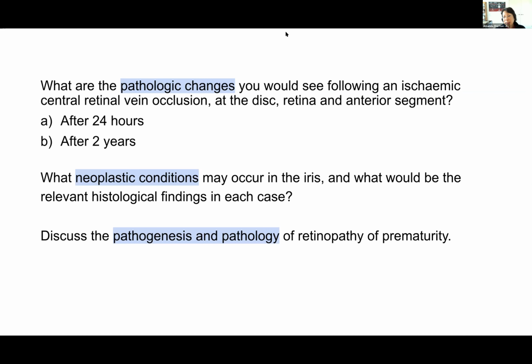If you can see it with your slit lamp, that's a type of microscope, but this type of question expects you to describe histology. Histology is required here because the question about central retinal vein occlusion would require you to comment on the changes in the retina at the cellular level, which you cannot see with the slit lamp microscope.